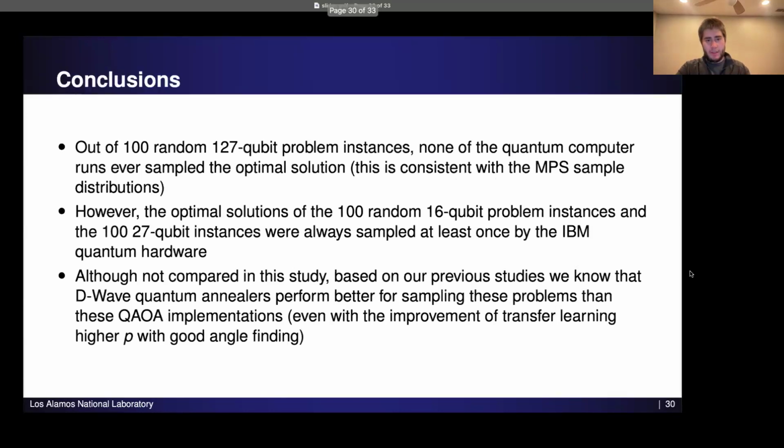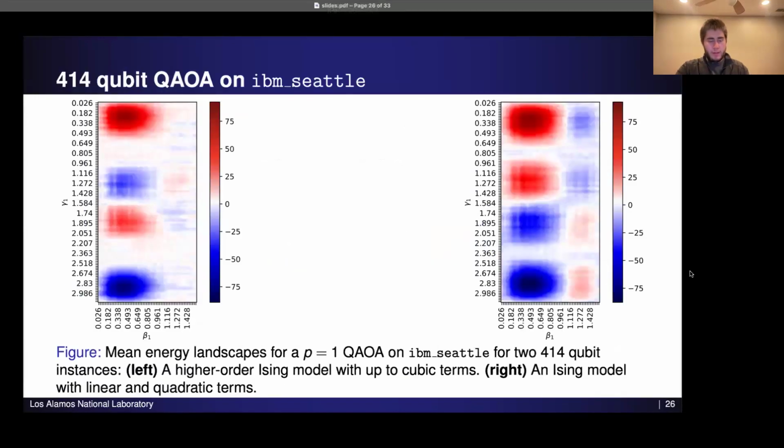I think the important part is the underlying graph structure. And something you can see in this plot is that the left-hand plot has higher order terms, the right-hand plot does not have higher order terms. I've actually measured this. The best angles here, where that blue region is, there's a very high overlap. They're not identical, but there is very high overlap there.